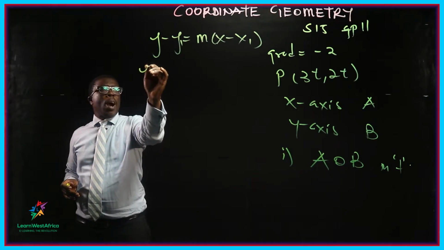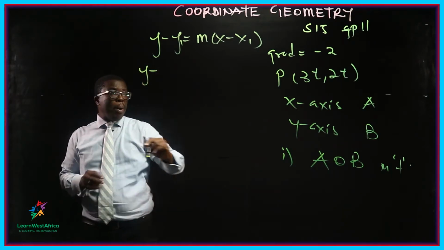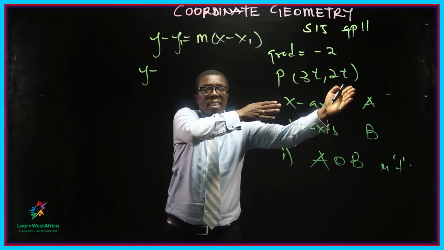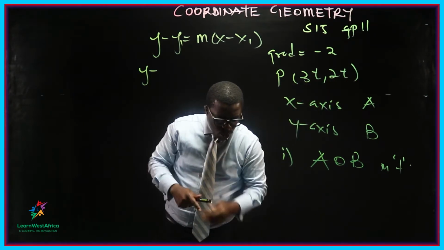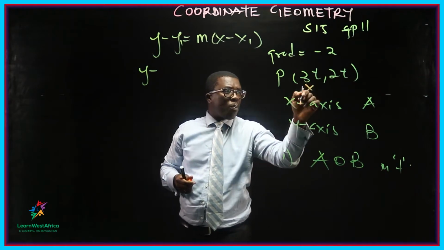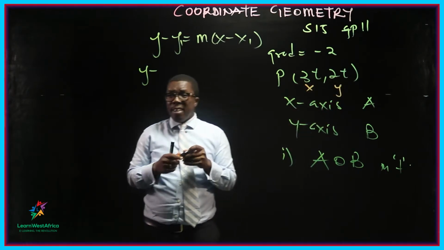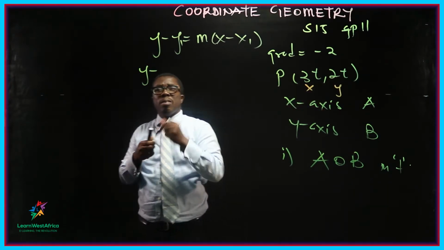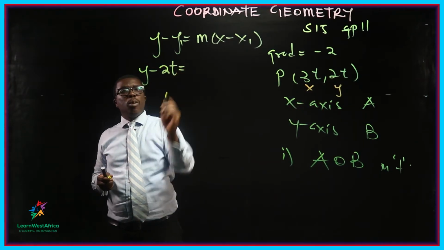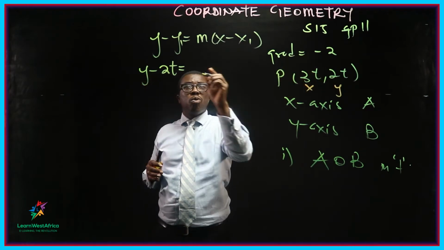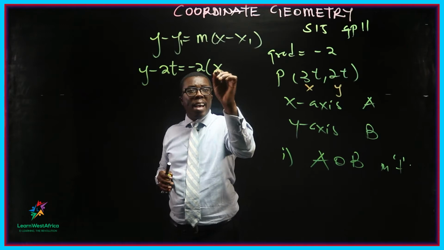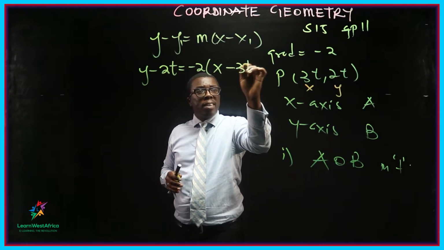So we're going to have y minus y1. Remember, we are using this point, (3t, 2t). This is your x part, and that will be your y. So y minus y1, you make use of the 2t, equals m, minus 2, into brackets x minus x1, x minus 3t.